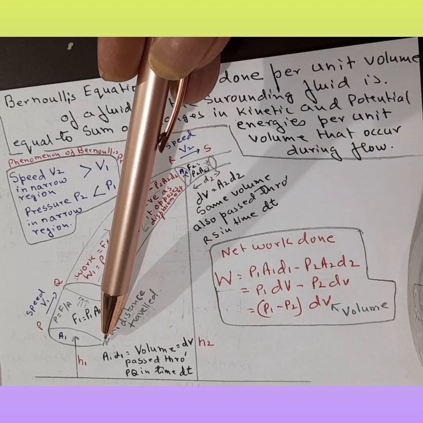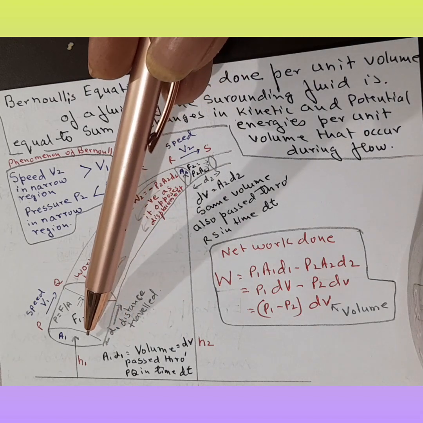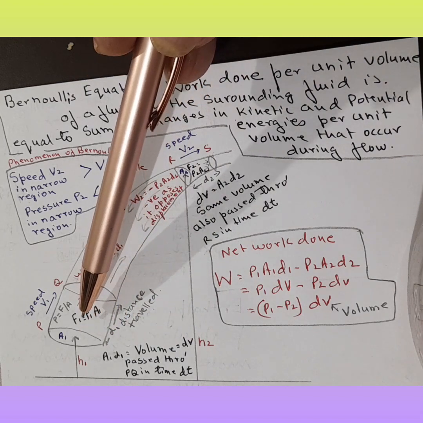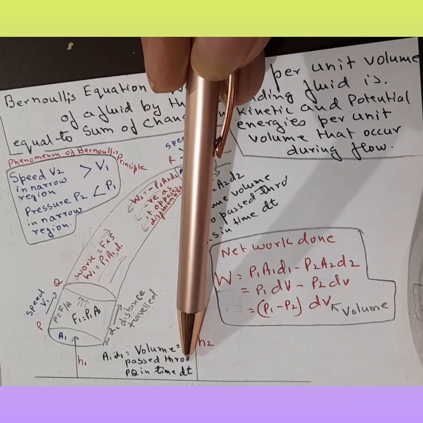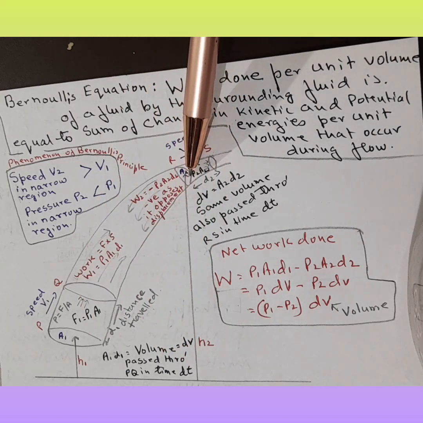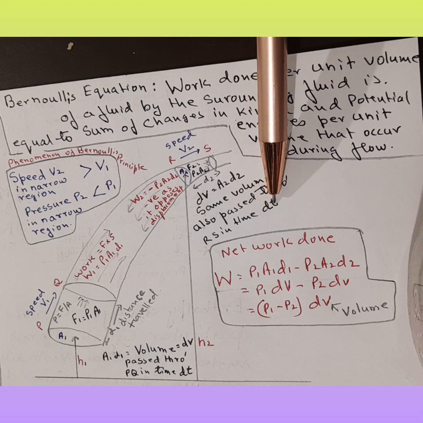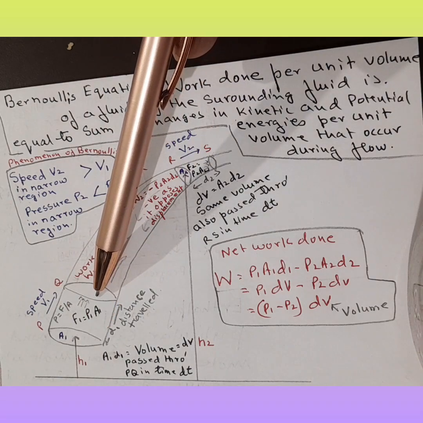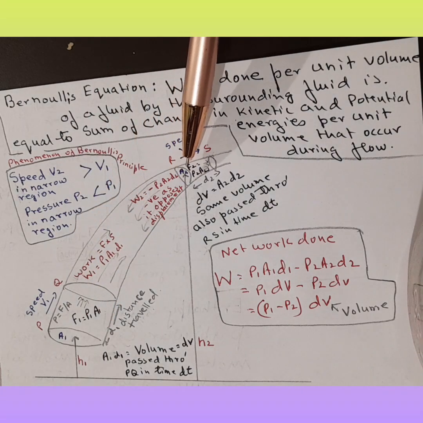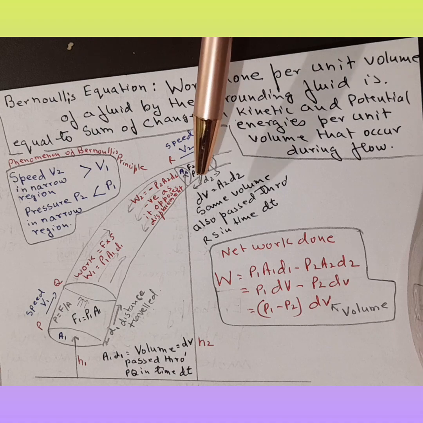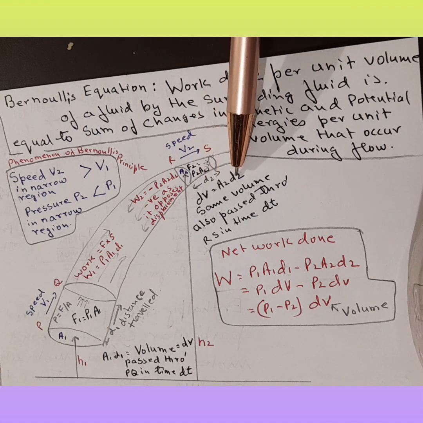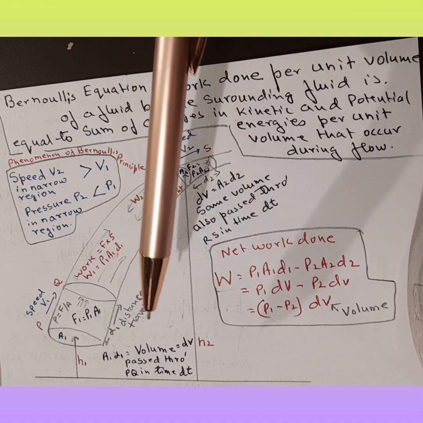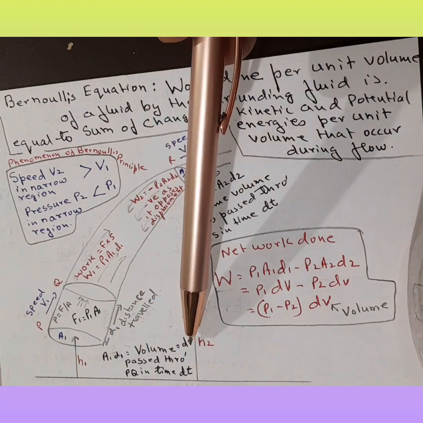Now this fluid is being passed via this column PQ in time dt, and here also in time dt. We would find that the same volume flows through this column as well as via this column. So that's the reason why A2 D2 is dV and A1 D1 is also dV.